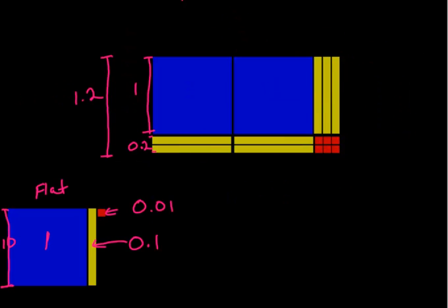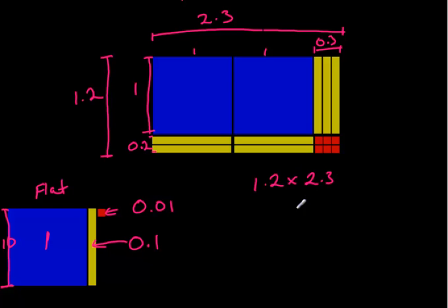Now it represents 1.2. And this is going to be 1 here, and from here to here is going to be 0.3. So we put it together, all the way across, we have 2.3. So now, instead of 12 times 23, we have 1.2 times 2.3. And all we're going to do is add these up.